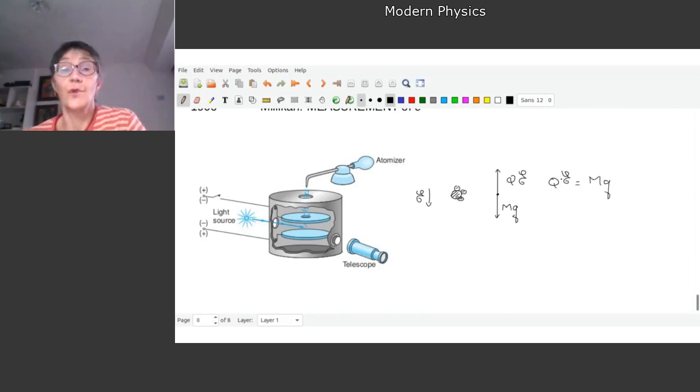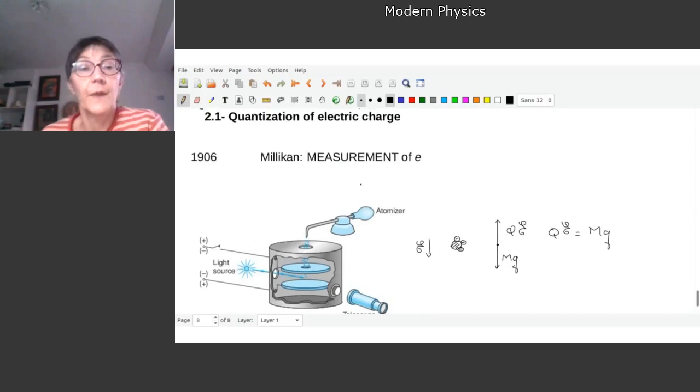The problem is you don't necessarily know the mass of your drop, but the experiment is this one. We don't have a kit, we don't have this experiment in our institution, but I remember having done this experiment in the modern physics laboratory. And so you can watch the droplets.